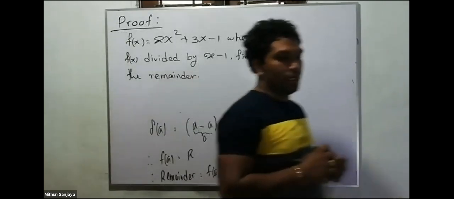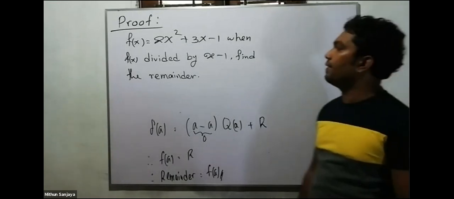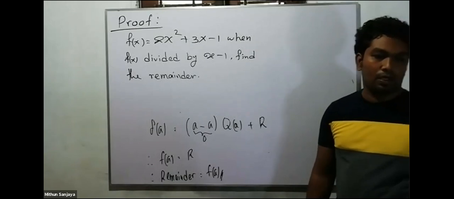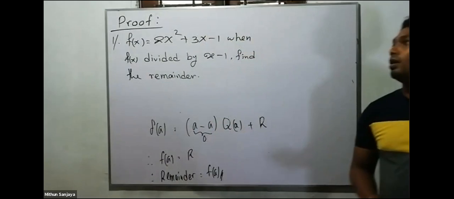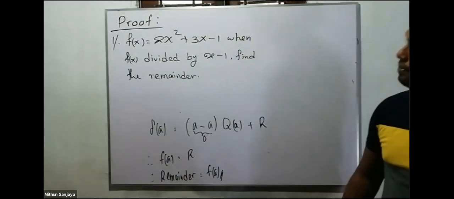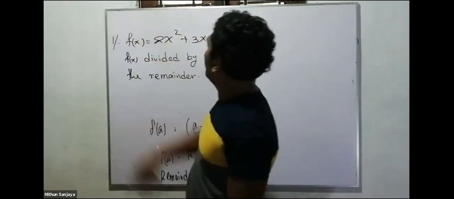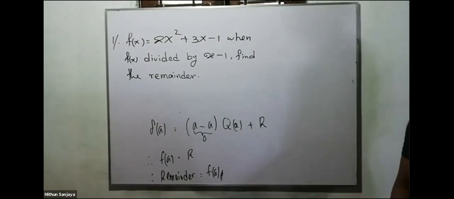Okay, write down the first question. f(x) equals 2x squared plus 3x minus 1. When f(x) is divided by x minus 1, find the remainder. Now this is the question.